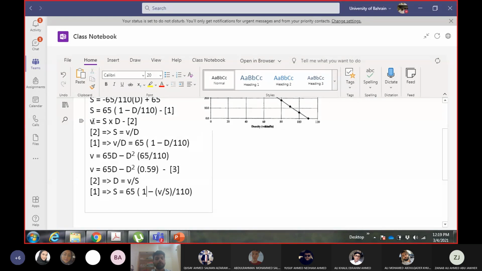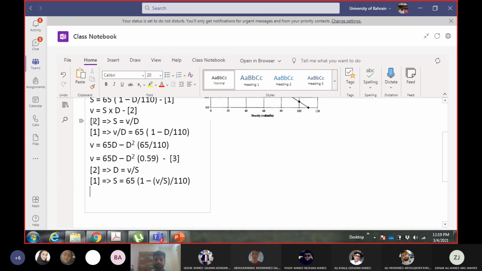So now I will try to simplify this equation. First of all, if I open the bracket, it will be 65 minus V upon S into 65 divided by 110.